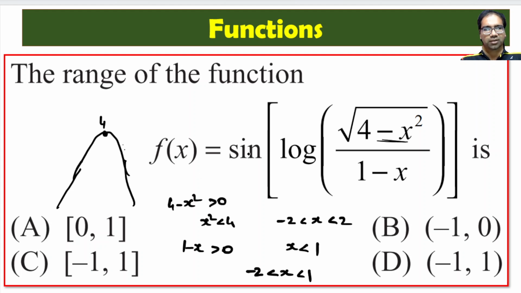Now let's see what happens as x is approaching 1, for example 0.9, 0.99, likewise. Then root of 4 minus x squared is close to root 4 minus 1, which is root 3, divided by 1 minus x, which is almost 0, like 0.000 something.